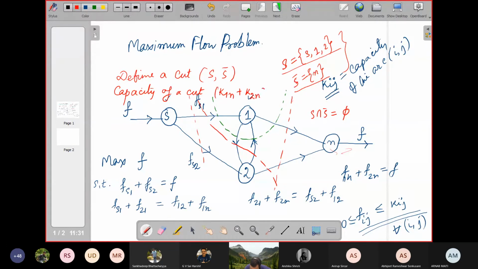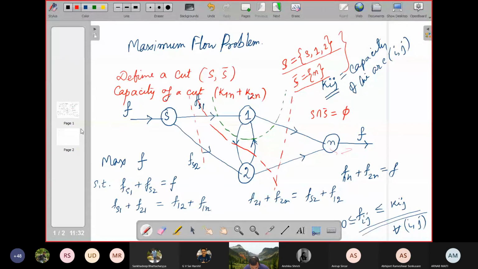This is the capacity of the cut, some constant quantity. So we have now understood the capacity of the cut and its meaning, that this is the maximum amount of flow that is possible through this cut, isn't it?